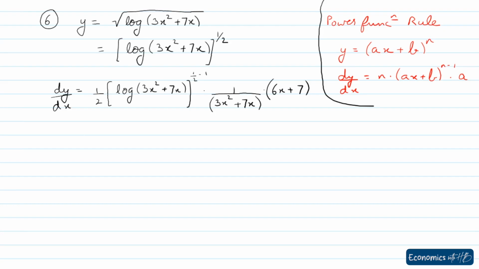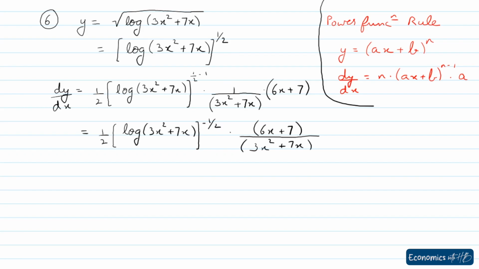So we get 1 by 2 into log 3x square plus 7x raised to the power minus 1 by 2 into 6x plus 7 over 3x square plus 7x. Simplifying it further, we get 6x plus 7 over 2 into 3x square plus 7x into under root of log 3x square plus 7x, which is the answer.